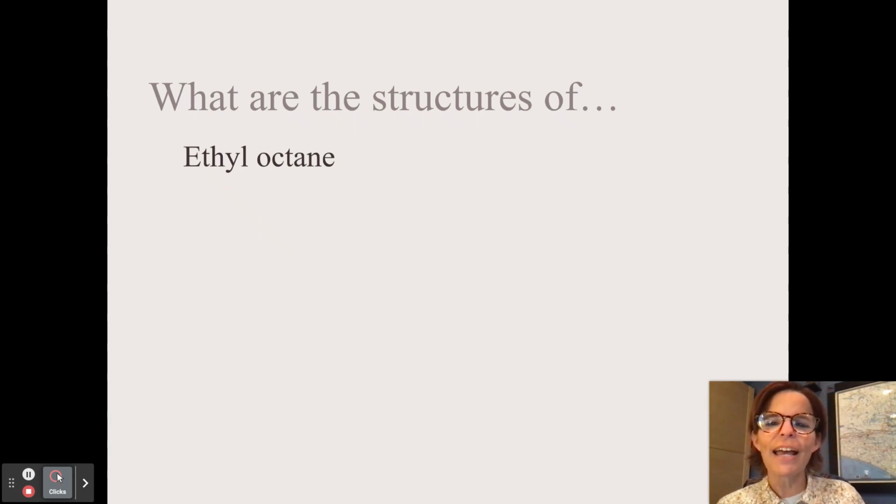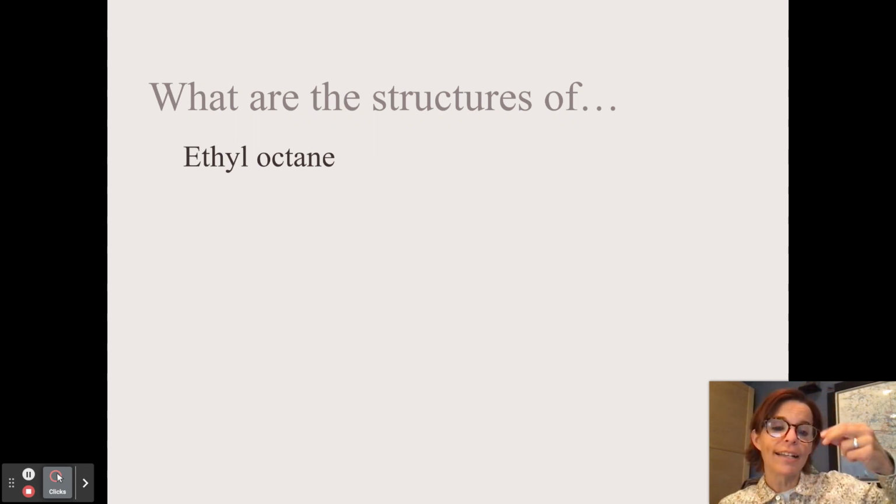All right, so let's try to imagine ethyloctane. Could you figure out how to draw ethyloctane? Pause me if you need to. Count out 8 carbons. 1, 2, 3, 4, 5, 6, 7, 8. Give it a branch. I don't care where right now, but we're going to figure out where that branch goes, and make it an ethyl branch.